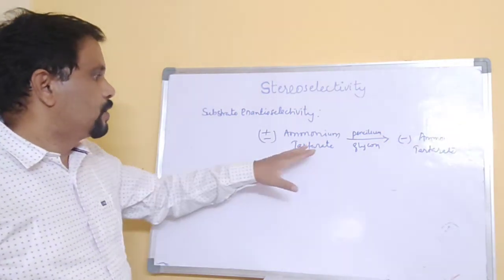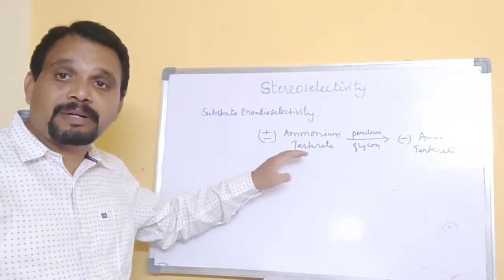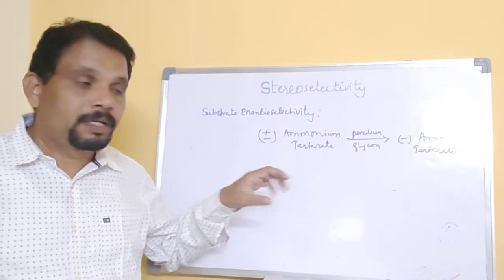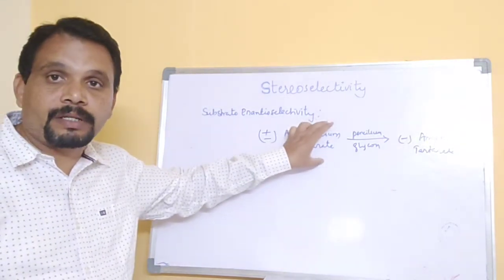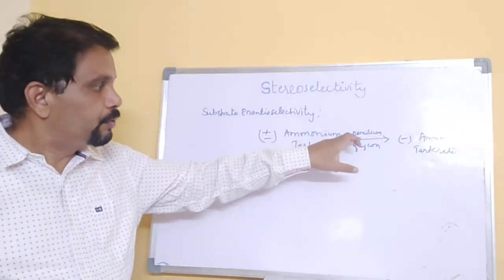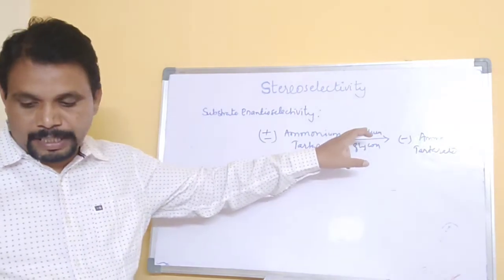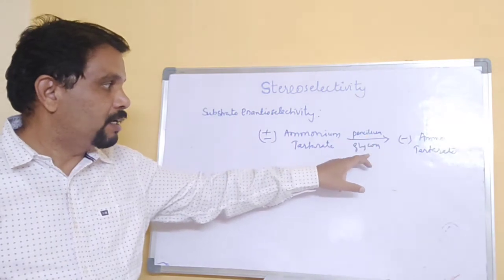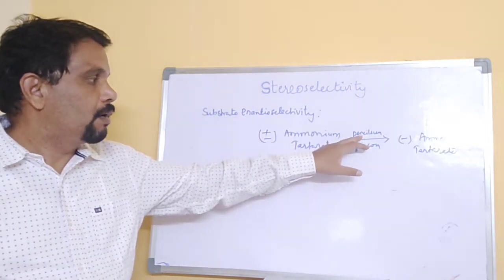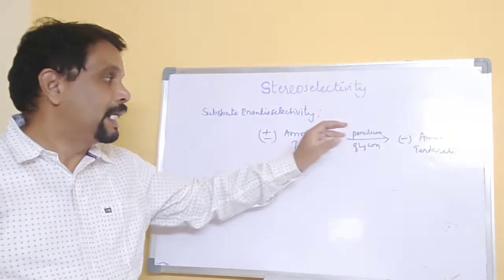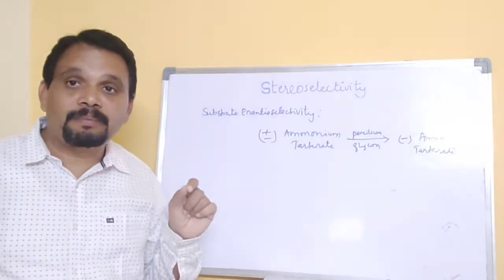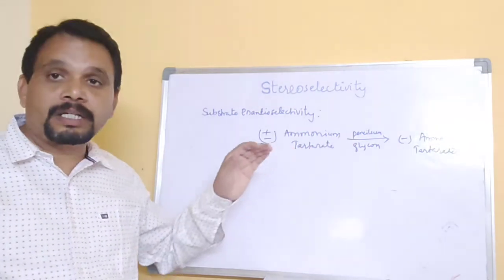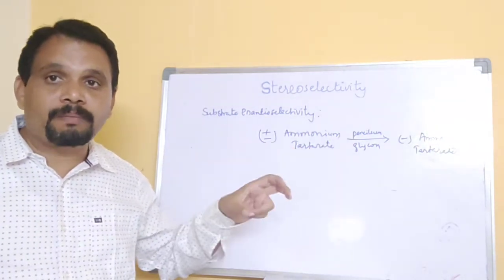This starting material is a mixture of the two enantiomers, plus and minus ammonium tartarate. When you react it with penicillium glycol, it preferably reacts with plus ammonium tartarate only, forming the corresponding complex.